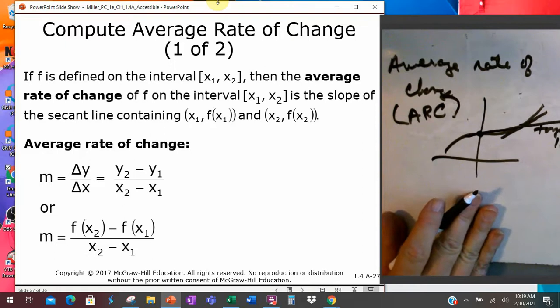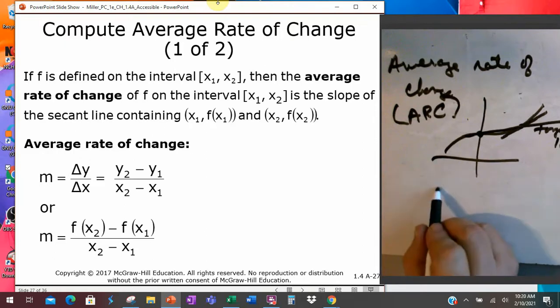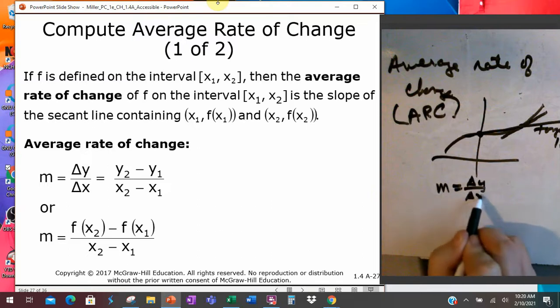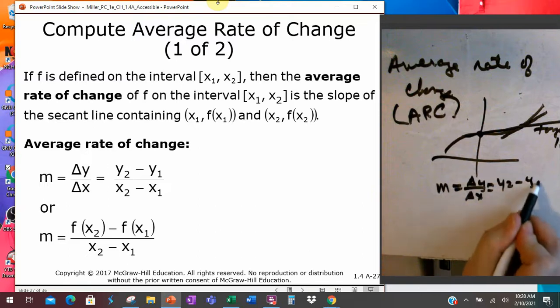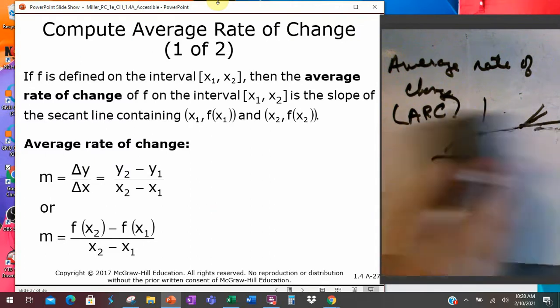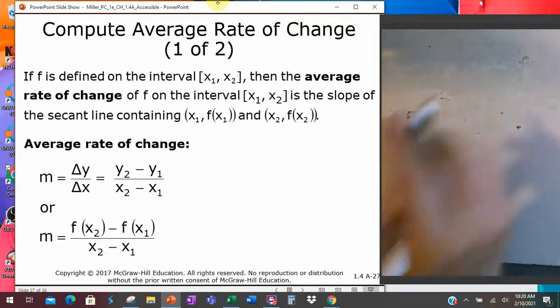It's the very same thing as the slope definition, but here I've got to give you the points: y2 minus y1, x2 minus x1, and then you've got to calculate it by doing this kind of definition.